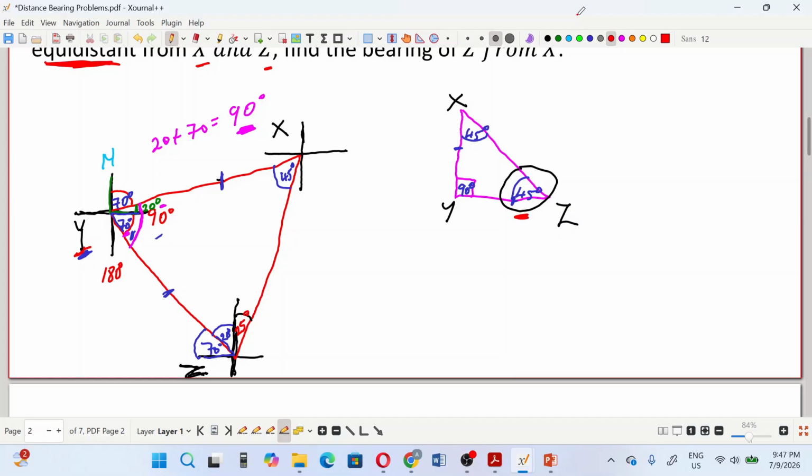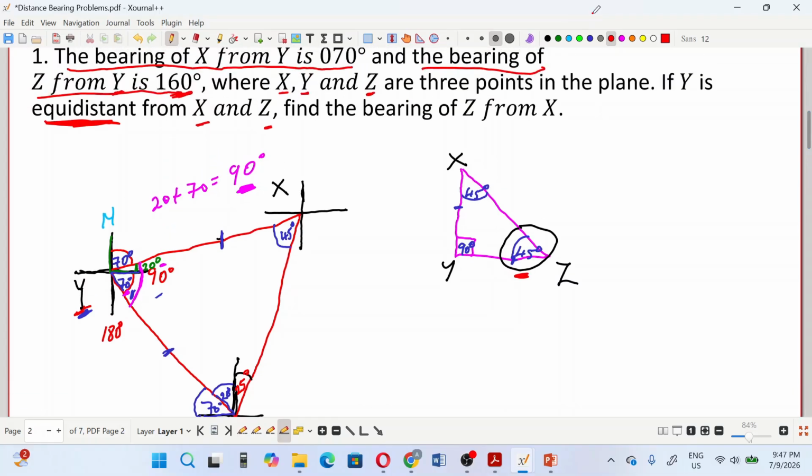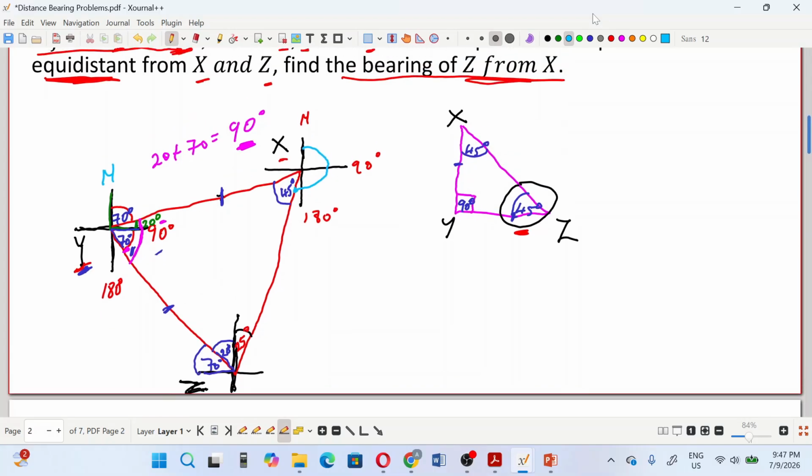Now we want to look at the main question, which told you to find the bearing of Z from X. It means that if I'm at X, this is my north, this is my 90 degrees, this is my 180 degrees. I want to make a total turn all the way to look at Z down there.